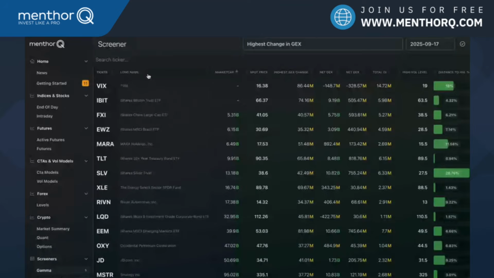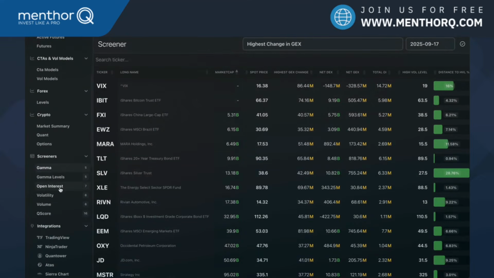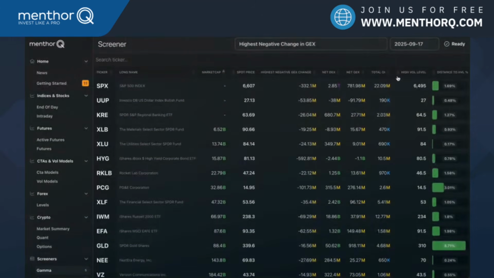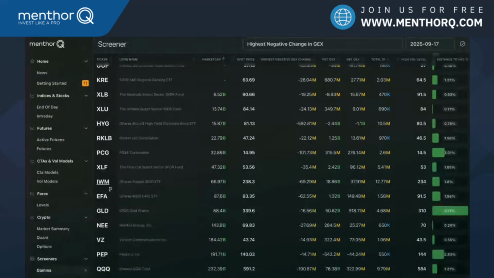What's very interesting today, we've seen quite a big increase of positive gamma exposure on VIX, IBIT, China large cap. And then if we go back to our screeners, we can also see the highest negative change in gamma. What does that mean? That means that more negative gamma has been added on SPX, on IWM, on GLD.